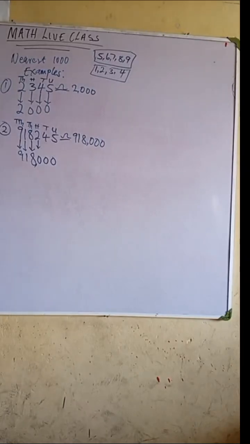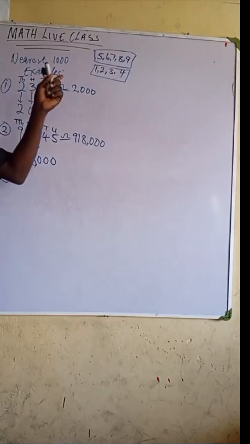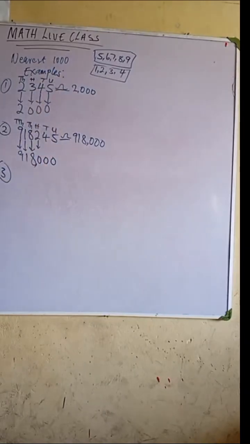So let's look at the third example, number 3. Now we have done 2 examples showing you that when the number you are considering is not up to 5, that means what will happen? The one you're rounding up to remains the same.